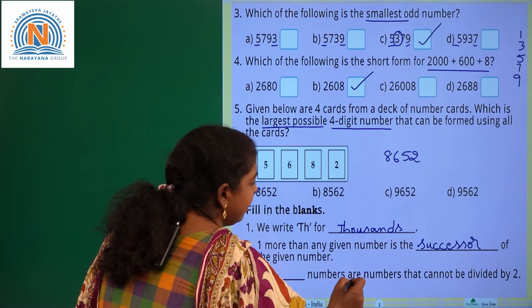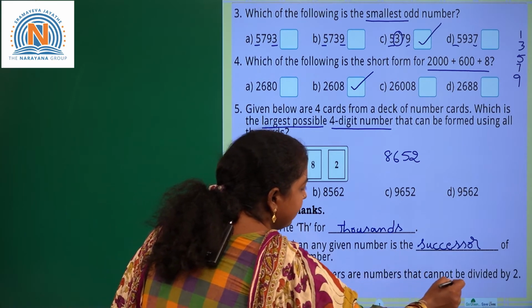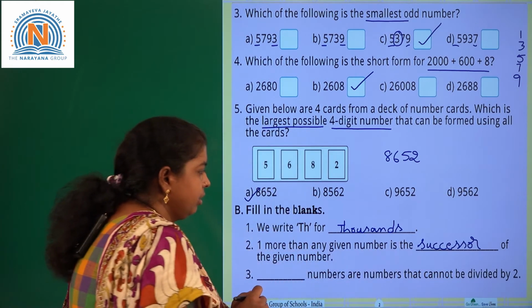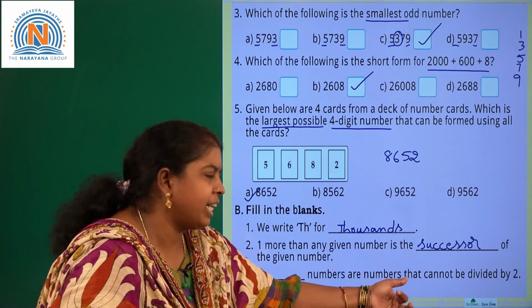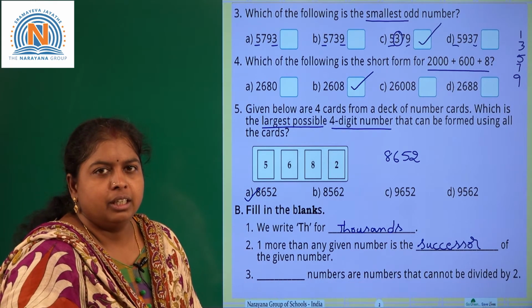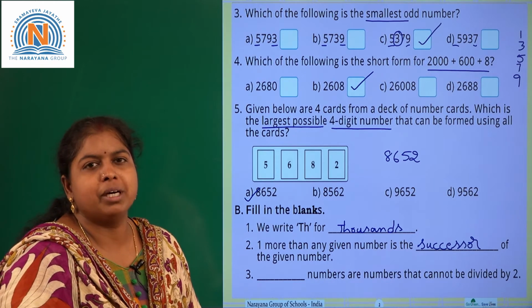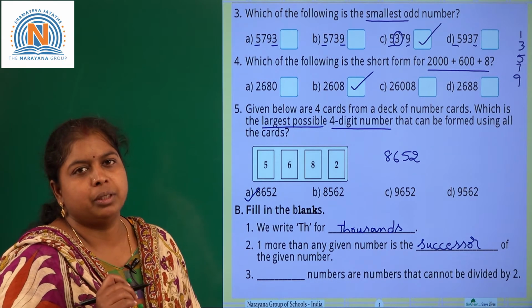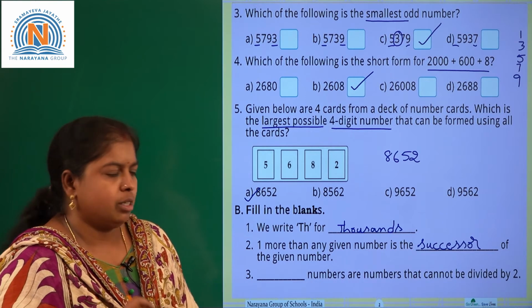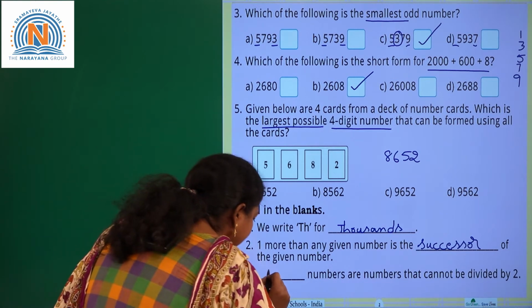Dash numbers are numbers that cannot be divided by 2. Which numbers cannot be divided by 2? Even numbers can be divided by 2. Odd numbers cannot be divided by 2 because you will get a remainder. So, you can write odd numbers.